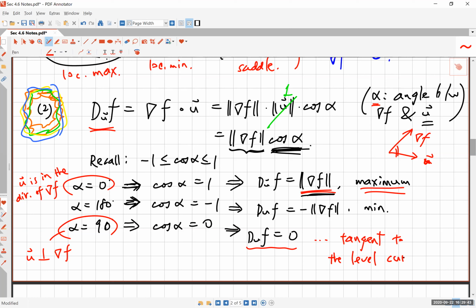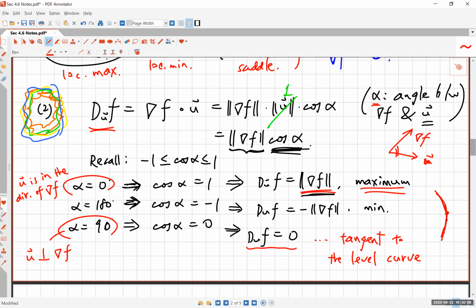You remember what a level curve is? If this is a level curve going through x naught, y naught, then the level curve means exactly what it says.